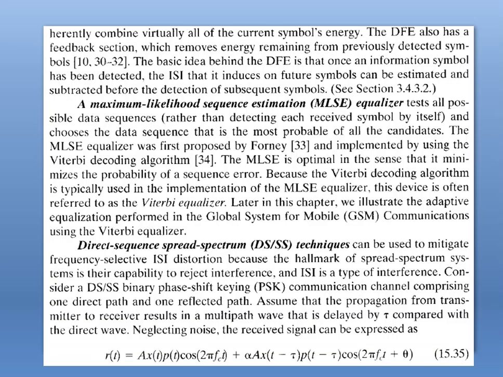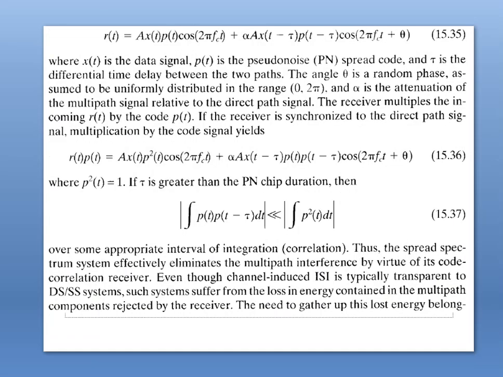Neglecting the noise, the received signal can be expressed as r(t) in equation 15.35, where x(t) is the data signal, p(t) is the pseudo-random spreading code, and tau is the differential time delay between the two paths.